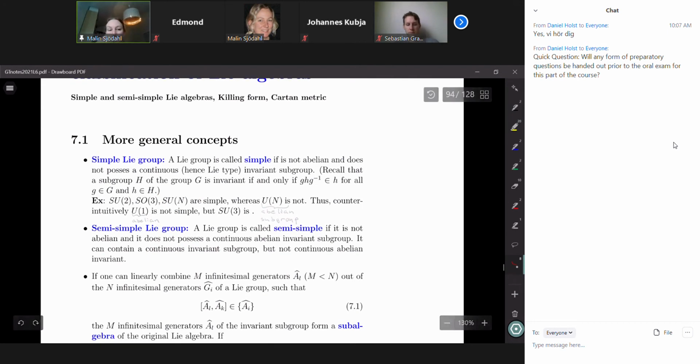Then we come to the concept of a semi-simple group. A Lie group is called semi-simple if it is not abelian and it does not possess a continuous abelian invariant subgroup. So it can contain invariant subgroups of this type, but those subgroups are not allowed to be abelian.